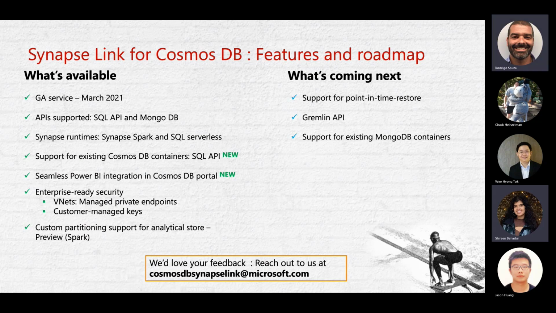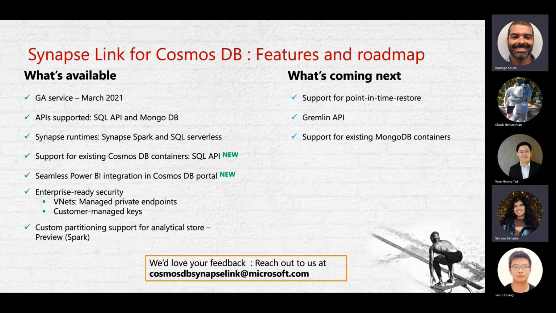We have this new Power BI integration in the Azure portal. We have enterprise-ready security capabilities like VNet and customer managed keys. And we have custom partitioning support for analytical store. This is important for really big data volume scenarios when customers need to repartition analytical store.